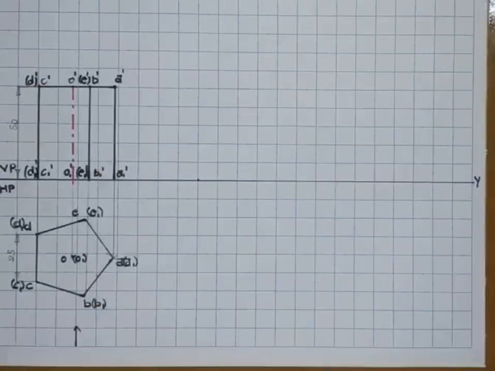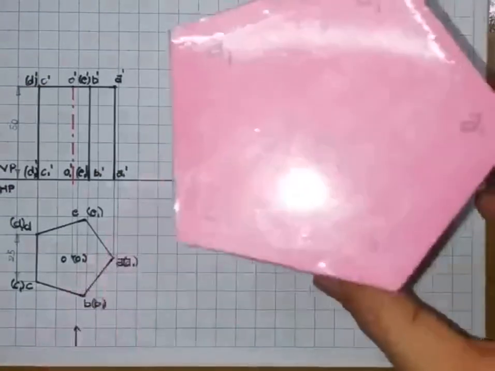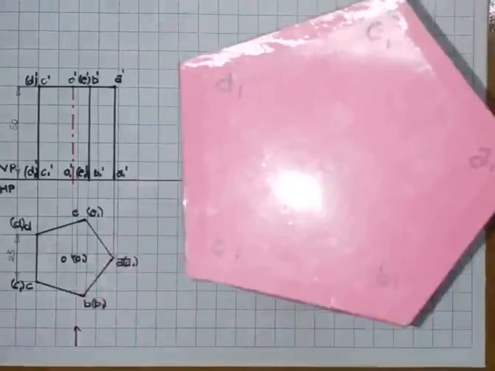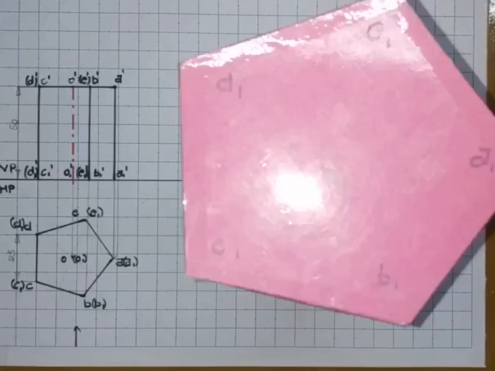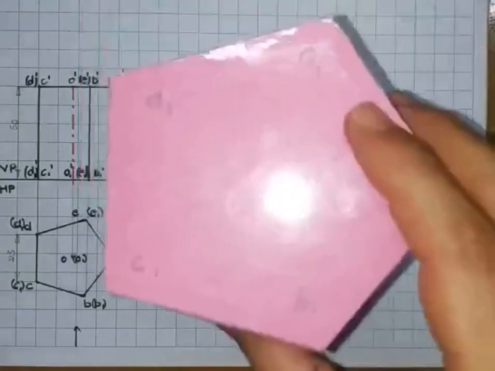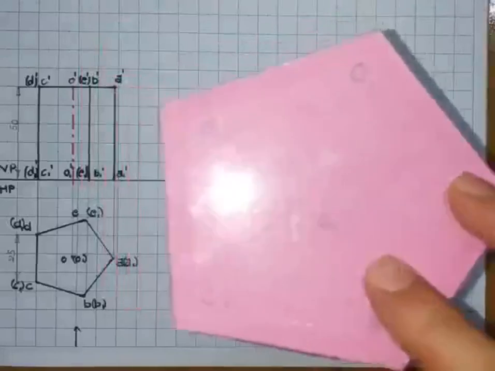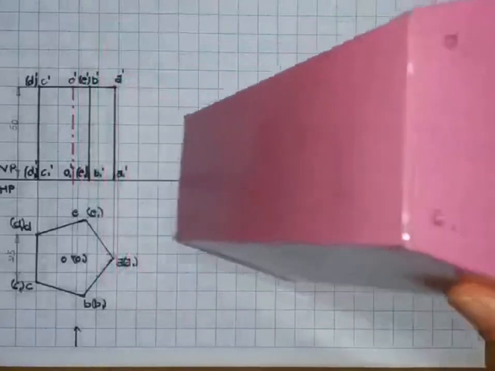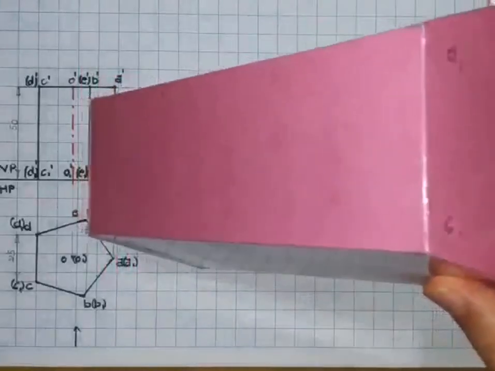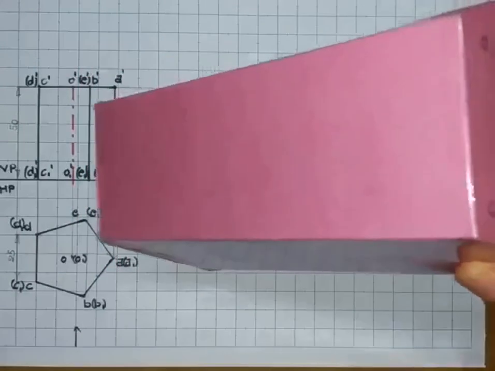Since the given problem is resting on corner, we have taken one of the corners towards the right side. Now, since the axis inclination is given as 30 degrees to HP, first we need to satisfy the condition with respect to HP. Since A is the resting corner, I am going to tilt the prism in such a way that the axis is making an angle of 30 degrees.